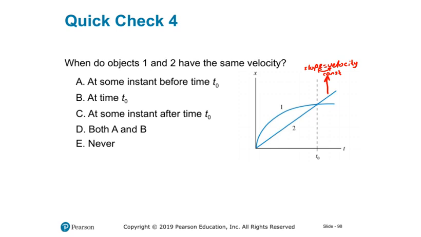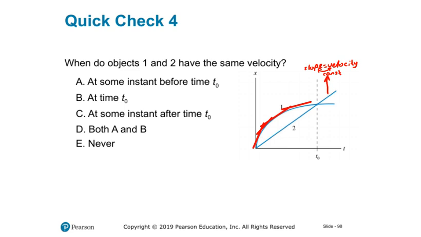That's red. Alright, the slope is constant for this one. Slope is equal to velocity, right? And since the slope is constant, the velocity is constant. So constant velocity here. But for 1 it's not constant, right?